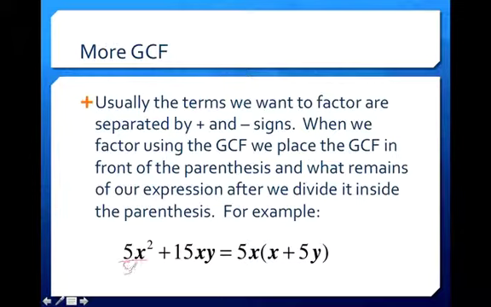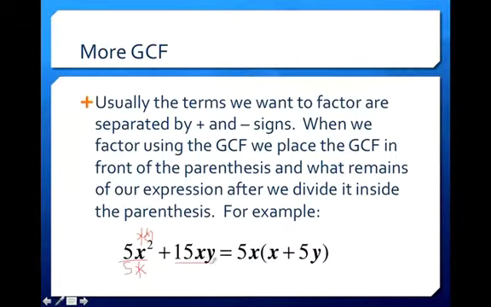Well, 5 divided by 5 is 1, and x squared divided by x means one of these x's cancels out, leaving 1x. So what's left over after I divide the first term by 5x is just an x.